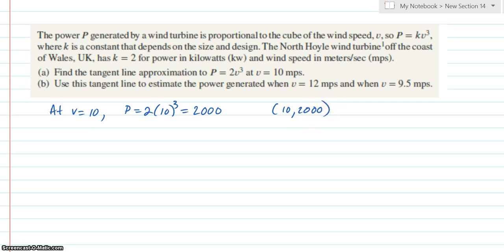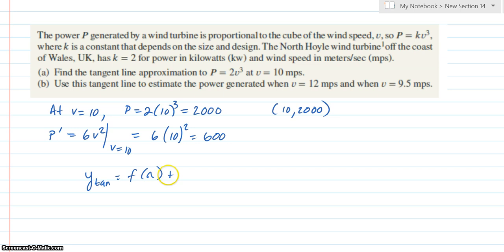And the derivative we know is 6v squared. So if we're looking at v equals 10 there, that would be 6 times 10 squared, which would be 600. And then we can use our tangent line approximation. We know it's f of a plus f prime of a times x minus a, where the a is equal to 10 this time.